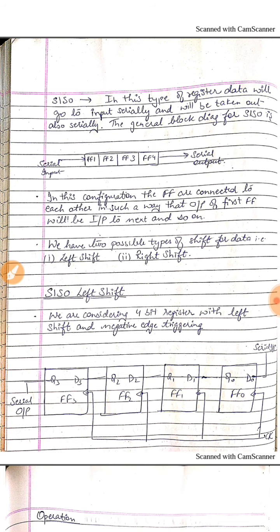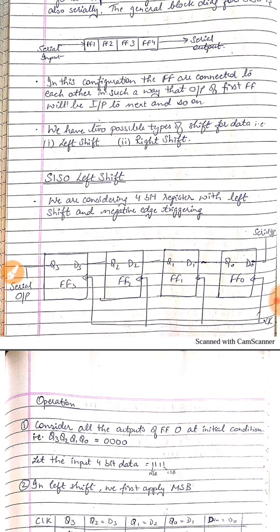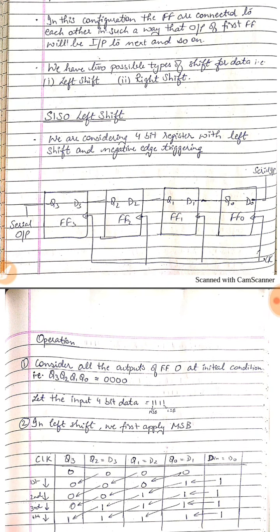So here we are using 4 flip-flops to enter our data, and we are designing the left shift serial in, serial out register. Let us consider the initial states of all the flip-flops are 0, that is Q0 is 0, Q1 is 0, Q2 is 0 and Q3 is 0 as well.